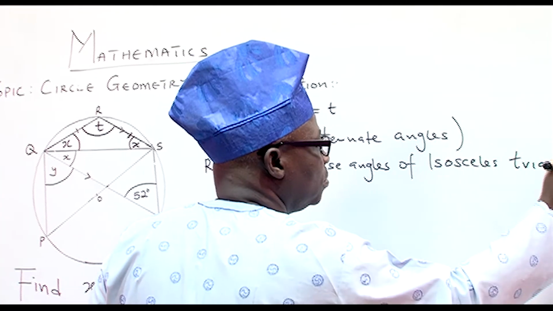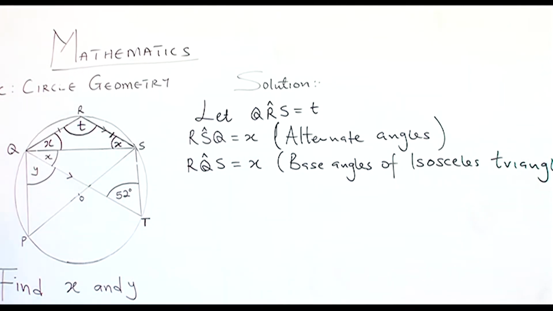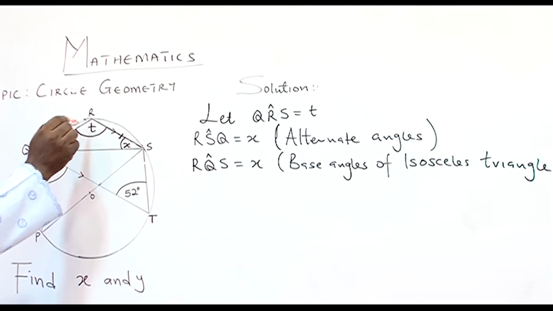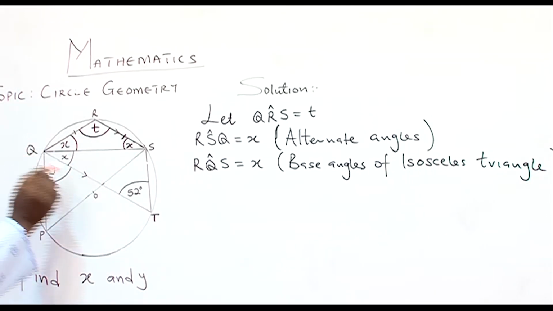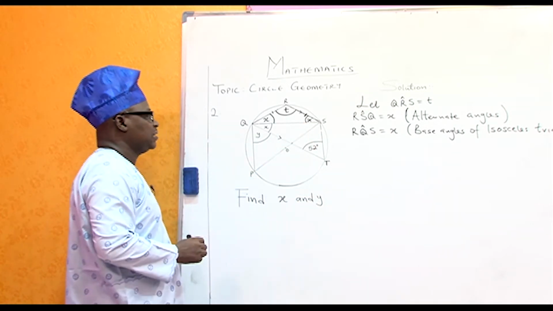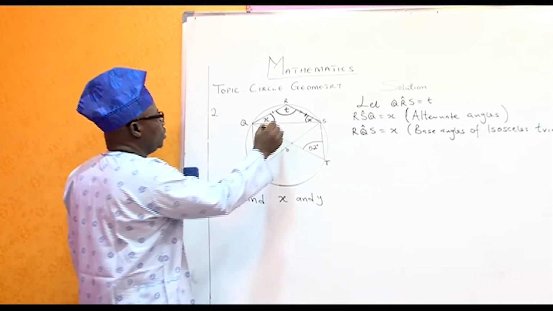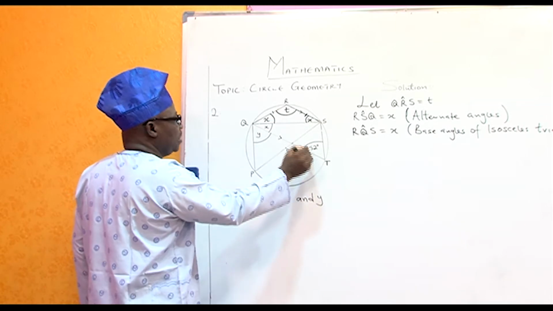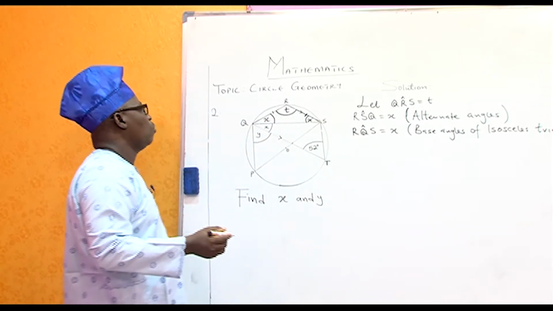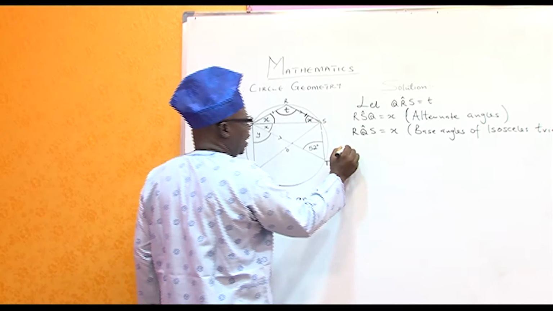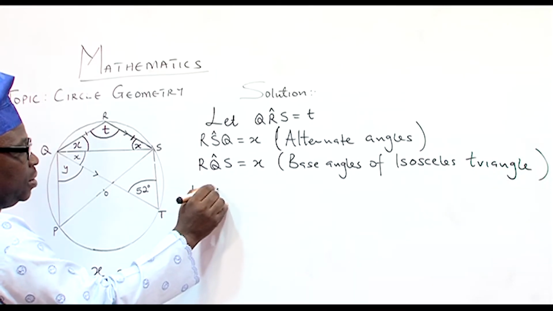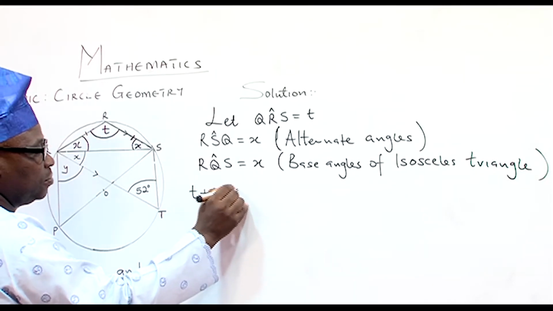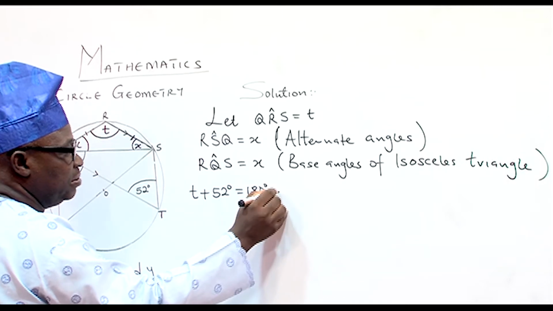So with this arrangement, if I look at the diagram again, RQTS is a cyclic quadrilateral. So the opposite angles of a cyclic quadrilateral will add up to give 180. So I can write that T plus 52 degrees is 180 degrees.